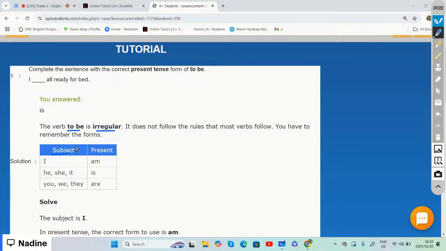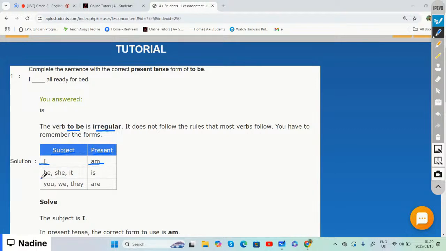We have our subject and we have our present tense verb, right? So we said that if we make mention of I as a subject, then it's I am.